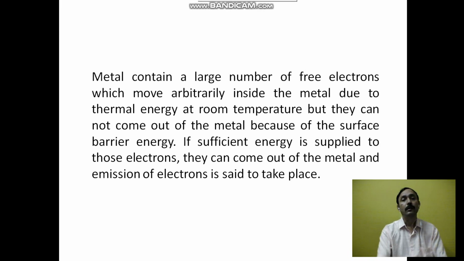Similarly, a metal contains a large number of free electrons which move arbitrarily inside the metal due to thermal energy at room temperature, but they cannot come out of the metal because of the surface barrier energy.